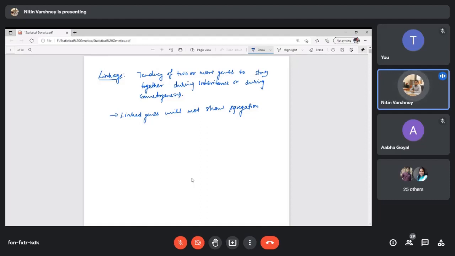Now, in a dihybrid cross, what was our ratio? That was 9 is to 3 is to 3 is to 1. And in a dihybrid back cross, the ratio will be 1 is to 1 is to 1 is to 1.